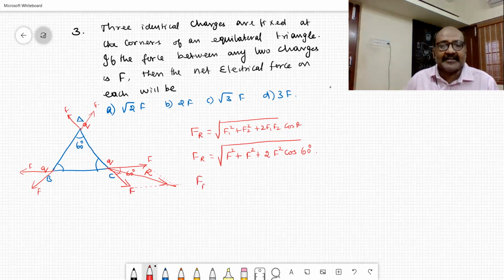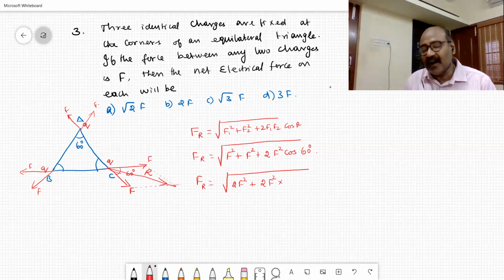On simplifying, Fr equals root of F square plus F square, which is 2F square, plus 2 into F square into, what is cos 60? Cos 60 is 1 divided by 2. So this 2 and this 2 will get cancelled. You will be getting the answer as root of 2F square plus F square.